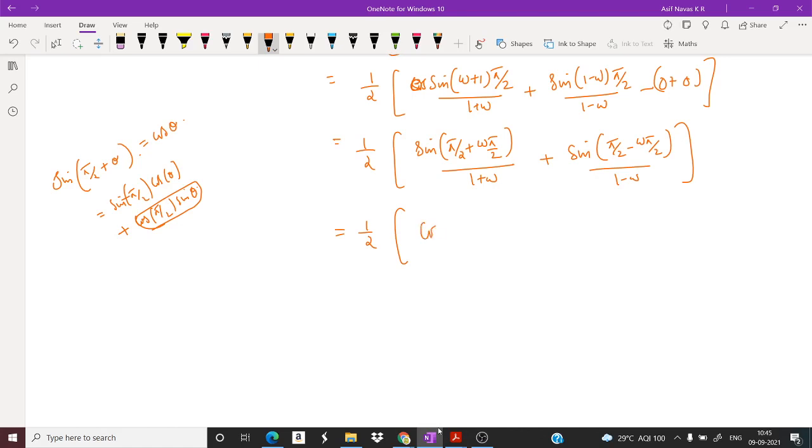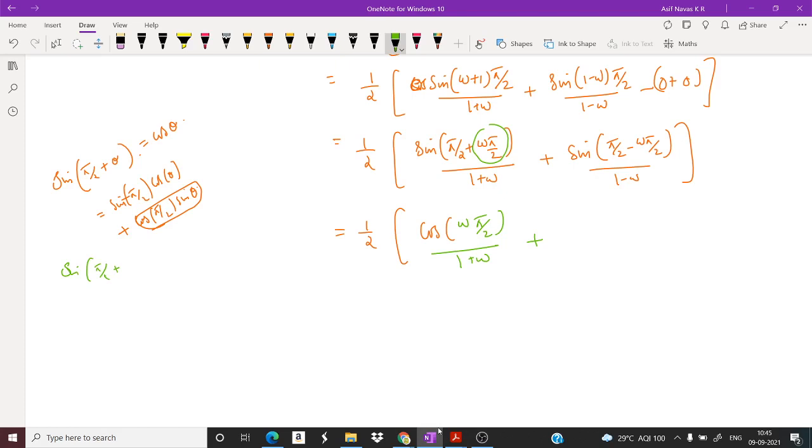Therefore, here you can write cos omega pi by 2 divided by 1 plus omega plus, what is sine pi by 2 minus theta?